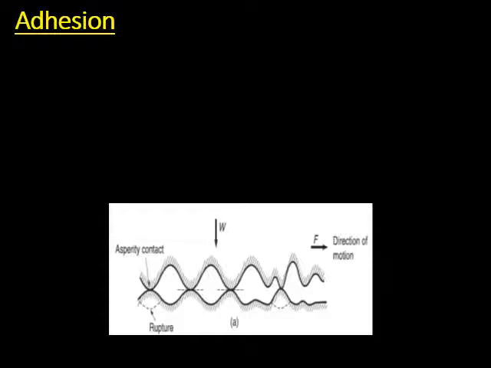So when these are loaded, the intimate contact occurs at the peaks of these asperities, and the real contact, that means area of contact, will be lesser than the apparent area of the surfaces or the nominal area of the surfaces.